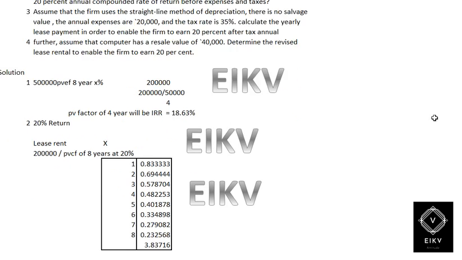So here the return would be 20%. Therefore lease rent would be X and 2 lakh should be the total payment. Therefore 2 lakh divided by the PV factor for 8 years at 20% would be the lease rent.